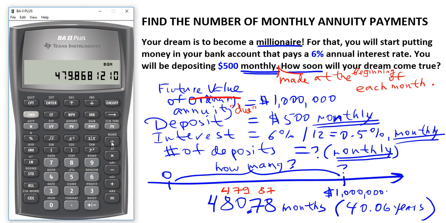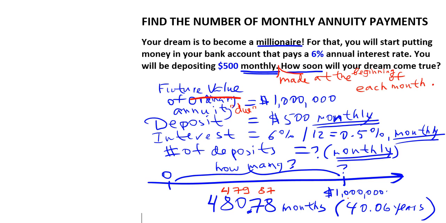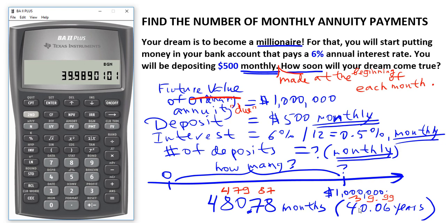We can divide it by 12 equals approximately 39.99 years. And notice how it's a little bit shorter amount of time, and why it makes sense is because everything starts earning interest 1 month sooner, and that's why you're going to reach your goal and become a millionaire a little bit sooner than you did before.